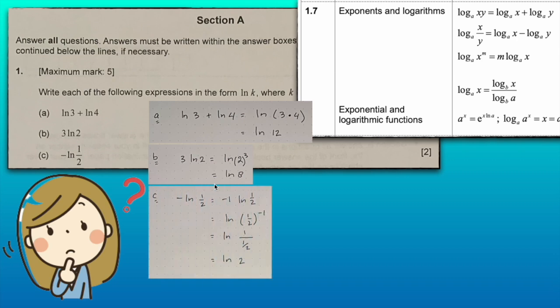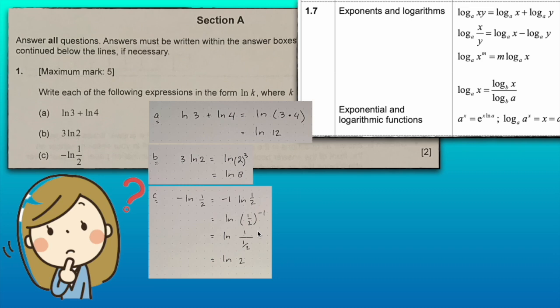For C, negative ln 1 over 2 is the same as minus 1 times ln 1 over 2. So we can bring minus 1 back to here. So we have ln of 1 over 2 to the power of minus 1, which is equal to ln of 1 over 1 over 2, which is equal to ln 2.